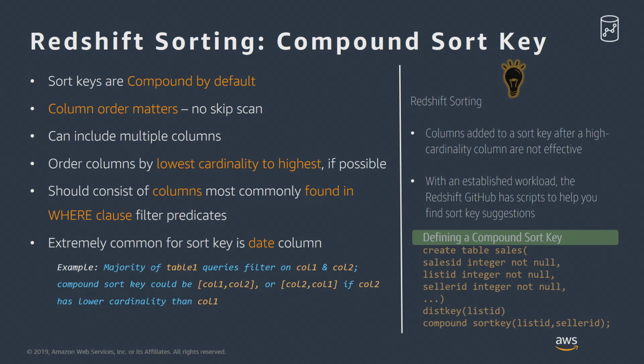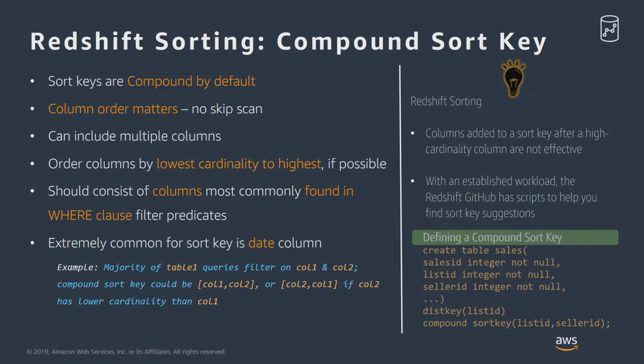But if you have defined a sort key on, just consider, columns A, B, C, and when you are running the query, in the where clause, if you are not using column A, you are not taking the advantage of the sort key. So in order to take the advantage, those columns should be coming as predicates in the where clause.